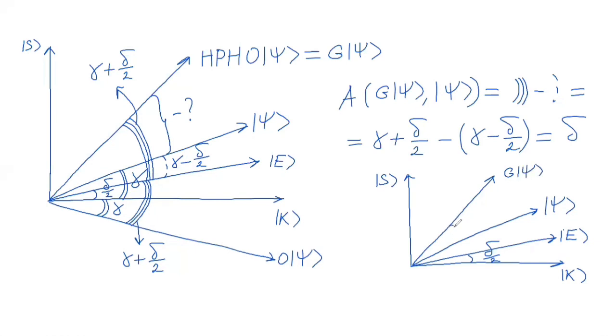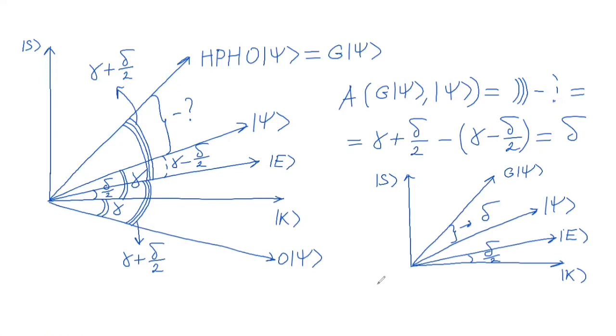And this angle over here is equal to delta. So one Grover iteration rotates an arbitrary vector psi by an angle which is 2 times larger than the angle between vector E and vector K.